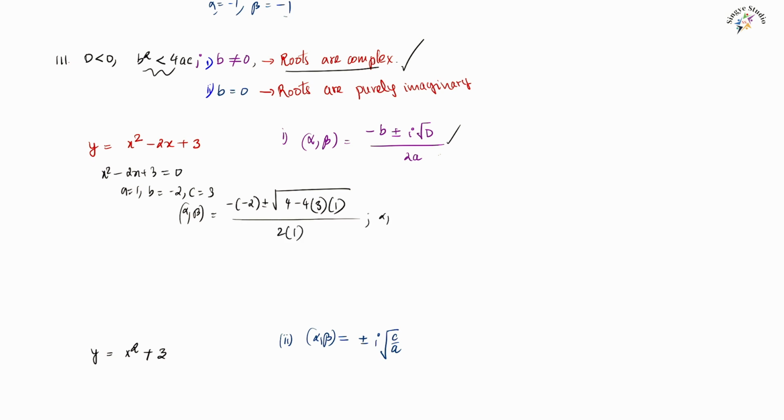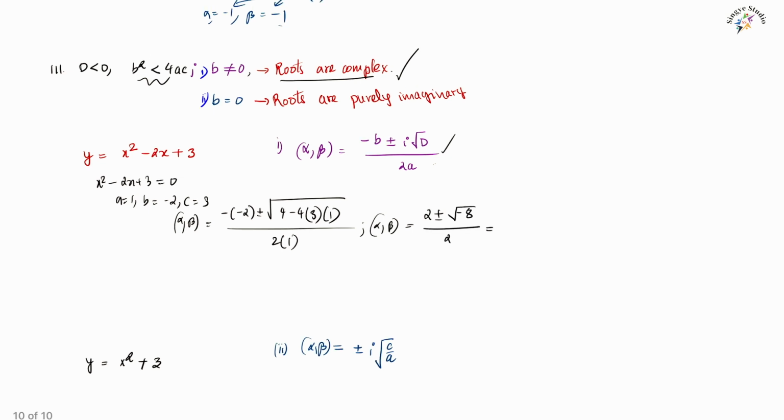So we will get alpha beta as 2 plus or minus, here 4 times 3 is 12, right? And 4 minus 12, which is negative 8, upon 2.